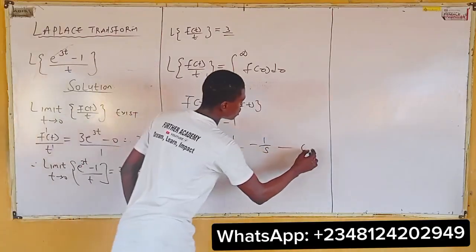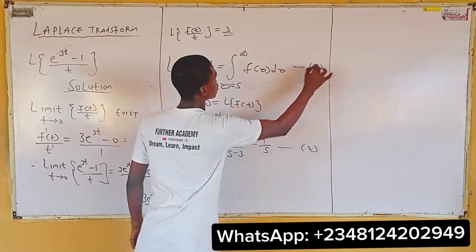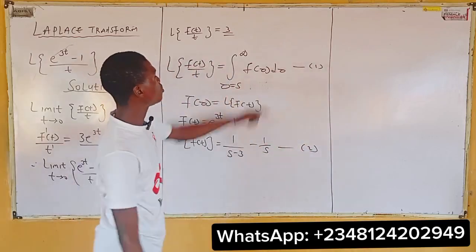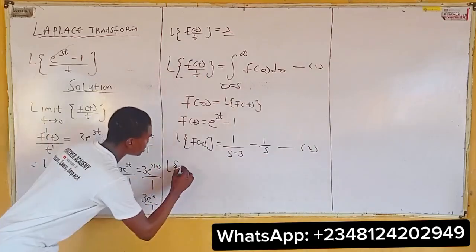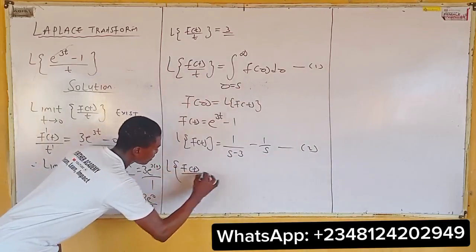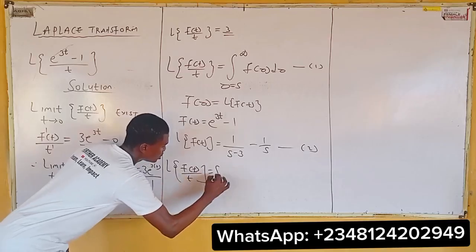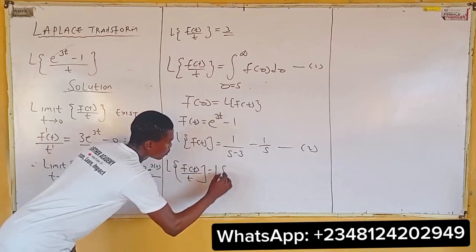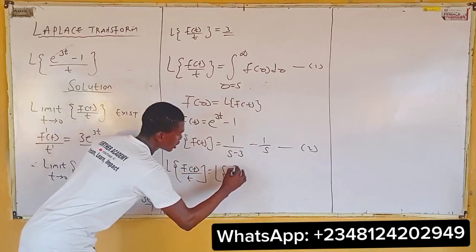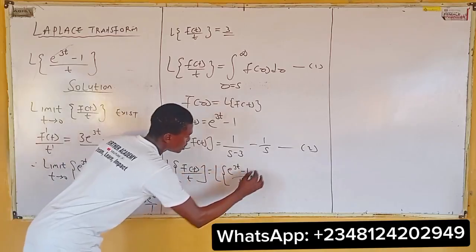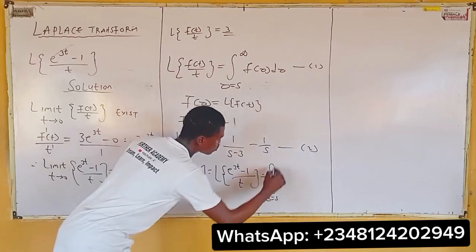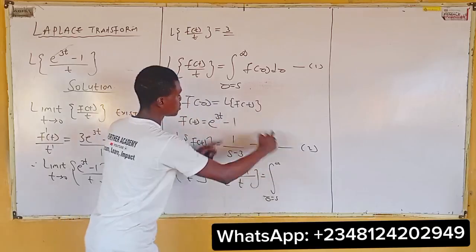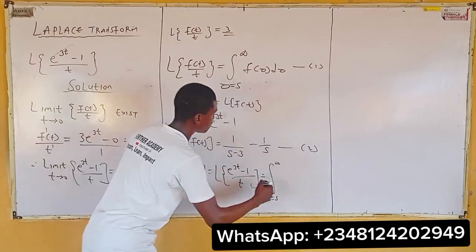Say this is equation 2, and say that is equation 1. Substituting equation 2 back into equation 1, the Laplace transform of f of t over t, which is the Laplace transform of exponential 3t minus 1 over t, equals the integral as sigma goes from x to infinity. Substitute equation 2, which is your F of sigma.